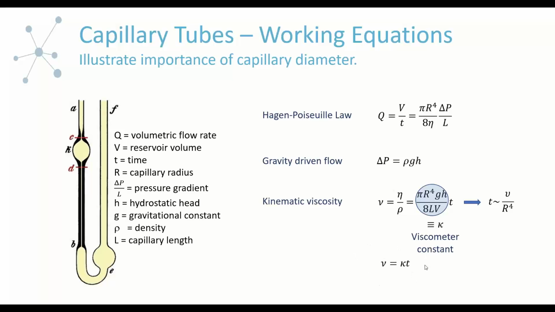So then we simplify everything quite a bit, just kinematic viscosity equals this constant times time. And this constant is actually what you'll look for when you're selecting a particular viscometer. But really the key thing is the difference in the radius, the internal radius of this capillary portion.